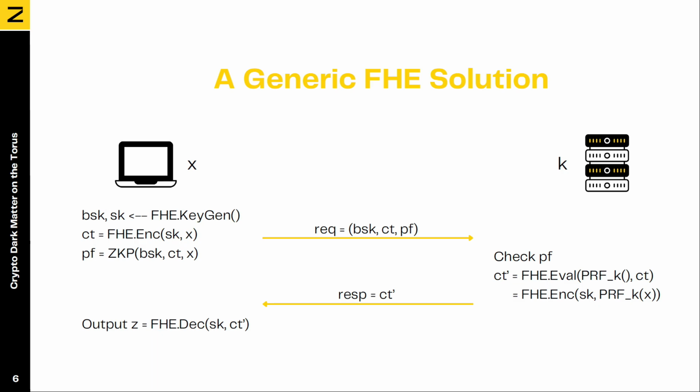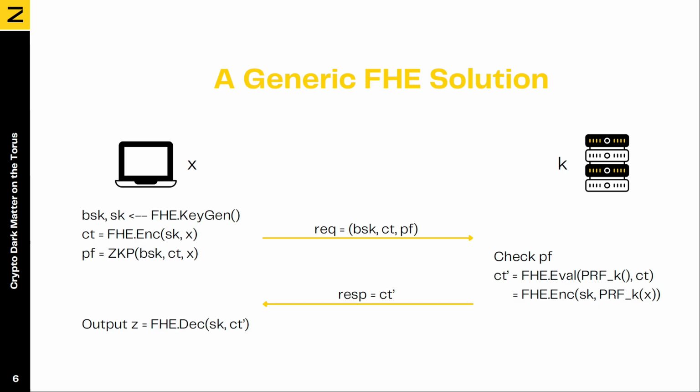It would then send a request that contains a bootstrapping key, an encryption, and a zero-knowledge proof. The server checks the proof and performs a homomorphic evaluation of the PRF circuit with the key hard-coded into it. At this point the server obtains an encryption of the PRF evaluation that the client wishes to compute. And then the response would just be the ciphertext, which can be decrypted on the client side.